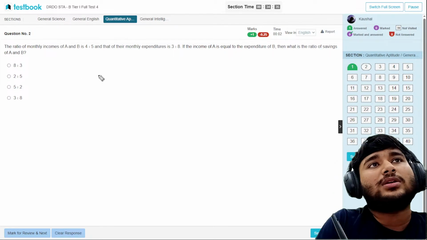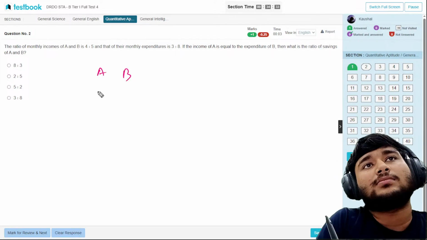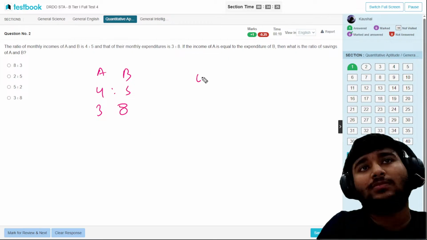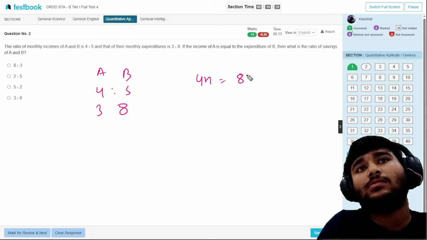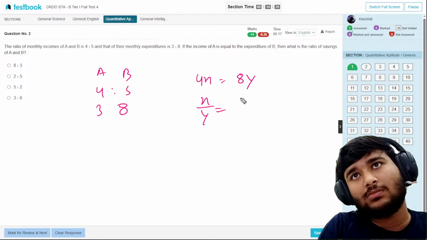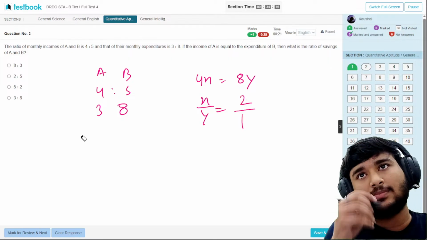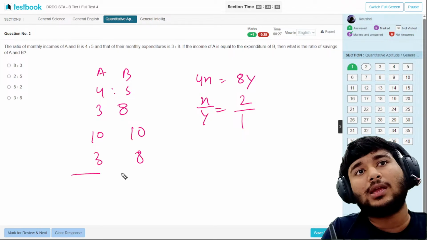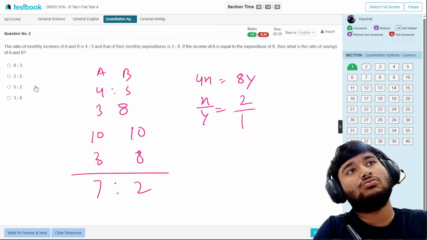A and B. If income of A is equal to expenditure of B, 2 by 1, then what is the ratio of savings?